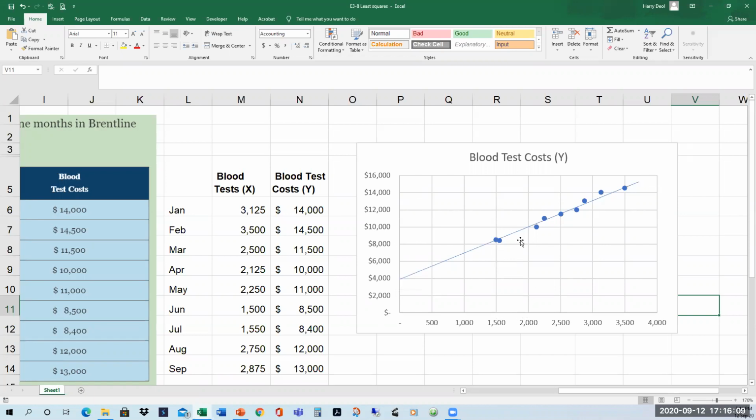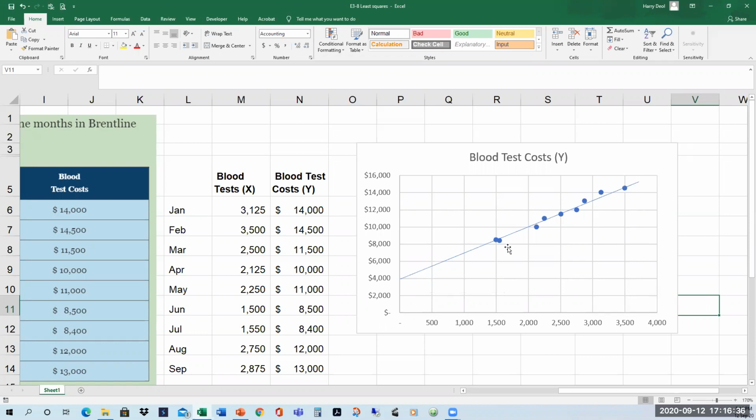And if I were to calculate the slope of this line, of course, the slope of this line will be, so I think it was 14,500, take away the 4,000, that'll give me 10,500 rise, and the run is 3,500. So 10,500 divided by 3,500 works out to $3 for each test.